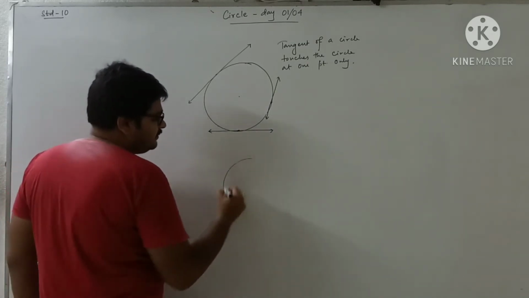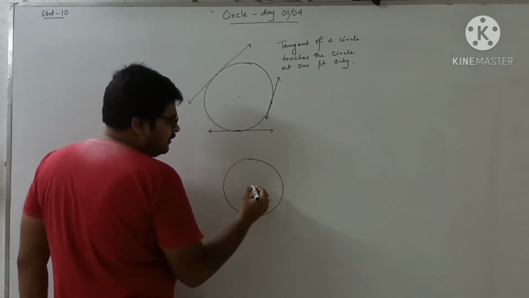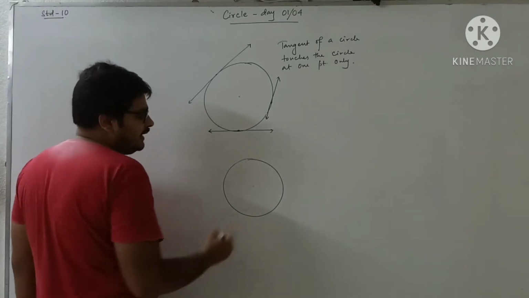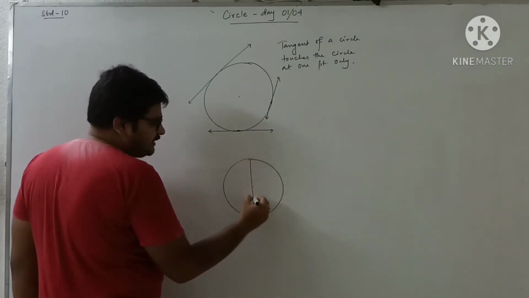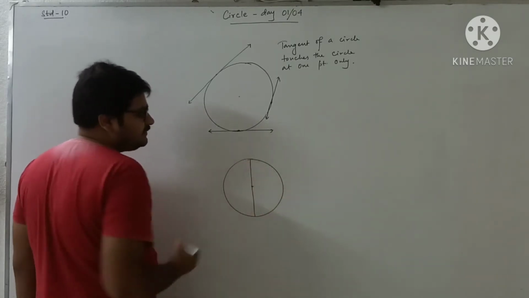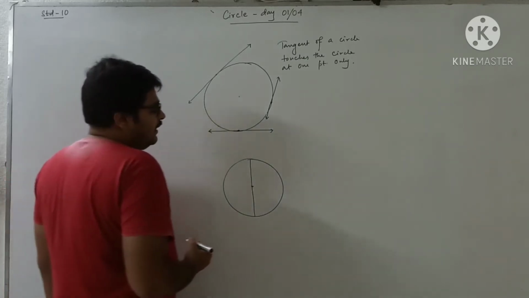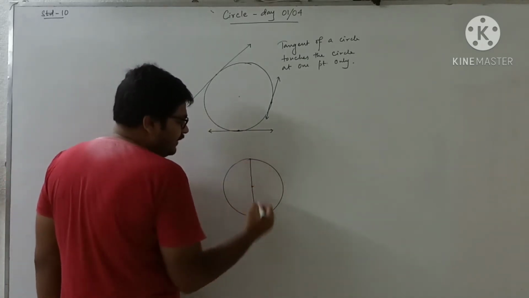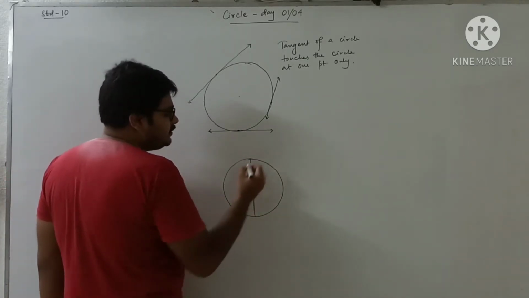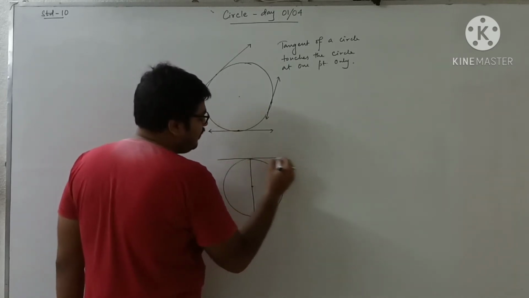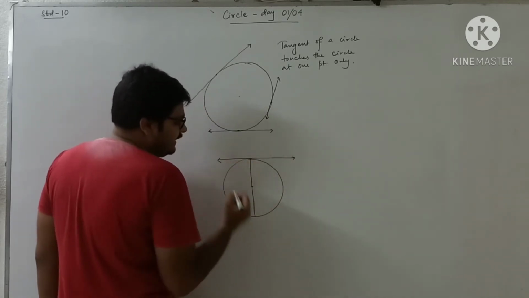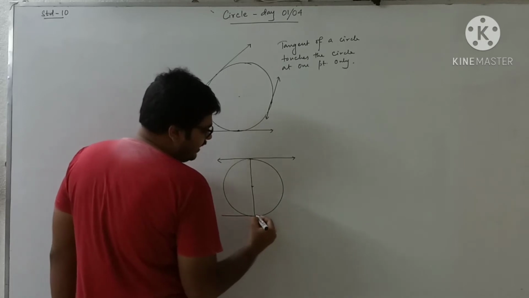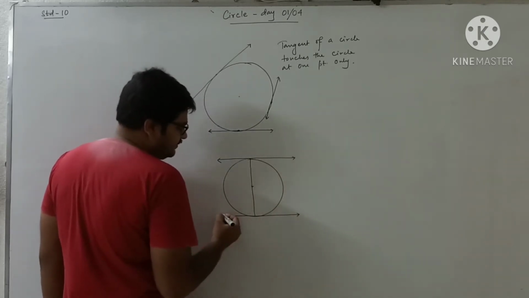Now look at this thing. Suppose I have drawn a diameter of a circle. There are two endpoints. Through those endpoints, if I draw tangents, those two tangents are parallel to each other.